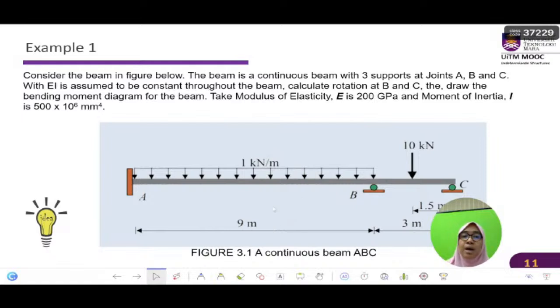So this is one indeterminate beam example, consisting of two elements or two members, member AB and member BC. Member AB is loaded with UDL, and member BC is subjected to a point load at the center of member BC. There is one fixed support and two rollers. So there are actually five unknown reactions if we look at this conventionally.